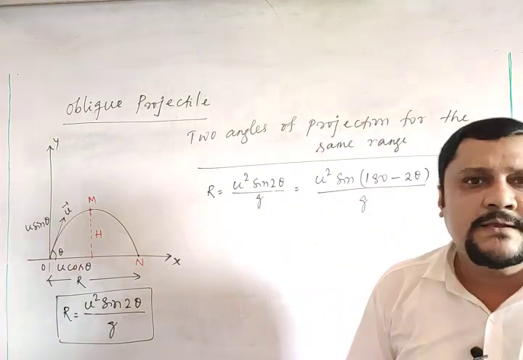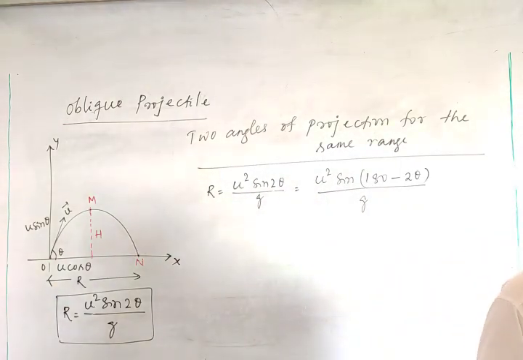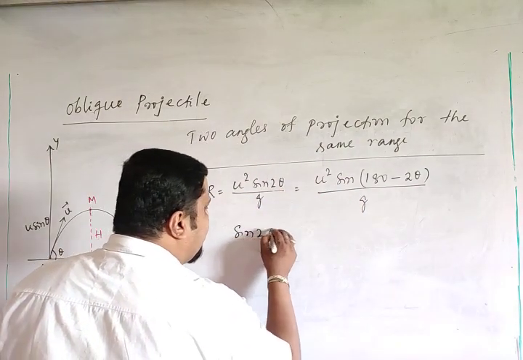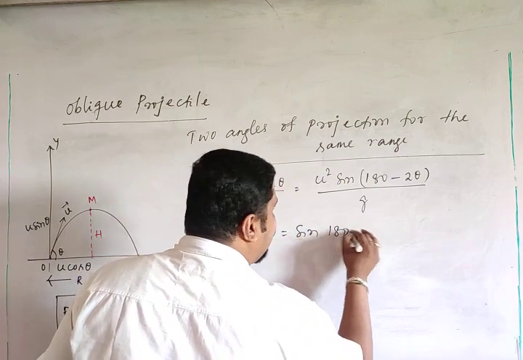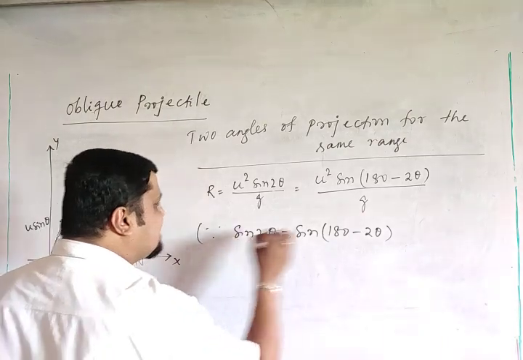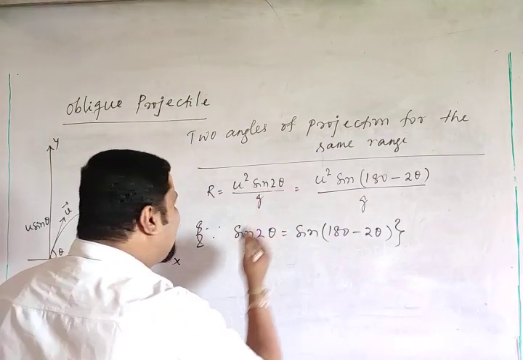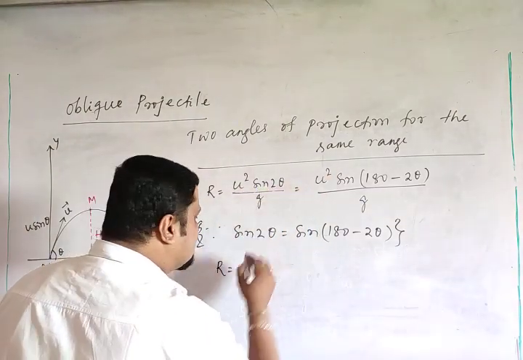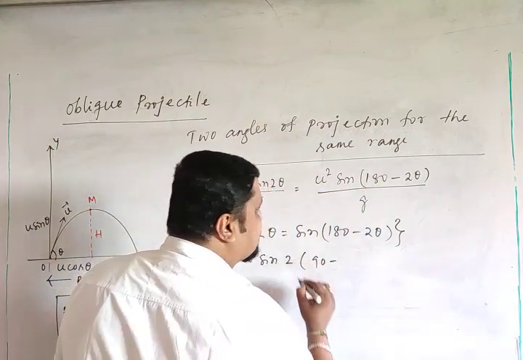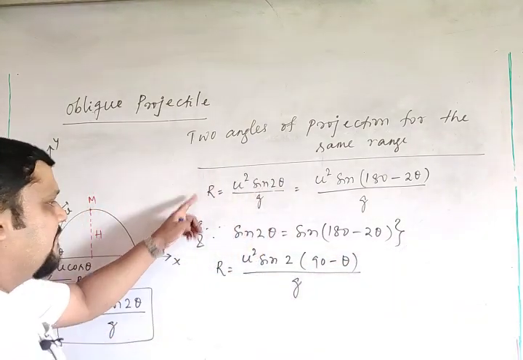So sin 2 theta is equal to sin 180 minus 2 theta. In that case I can write R is equal to u square sin 2 times 90 minus theta divided by g. Now you compare these two.